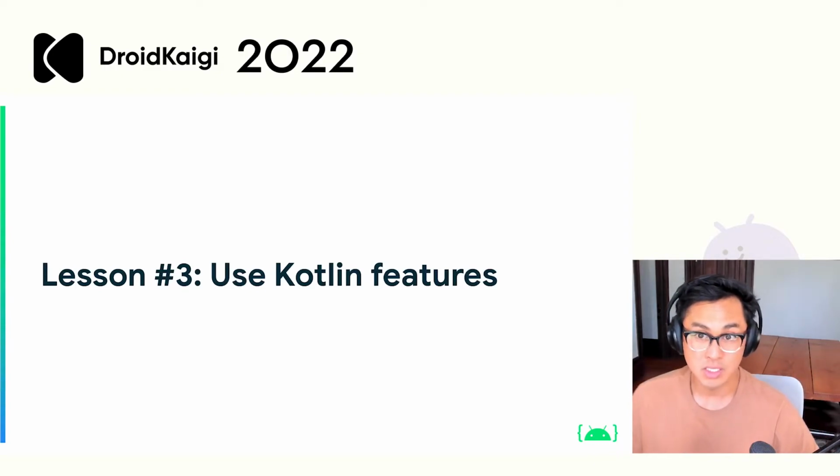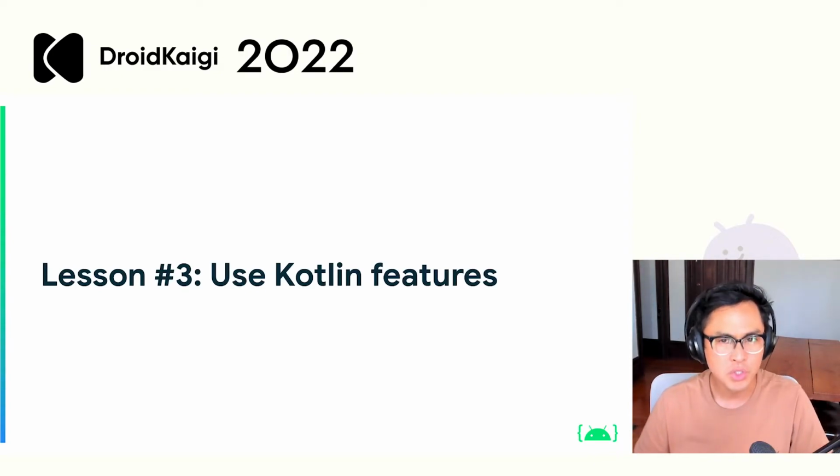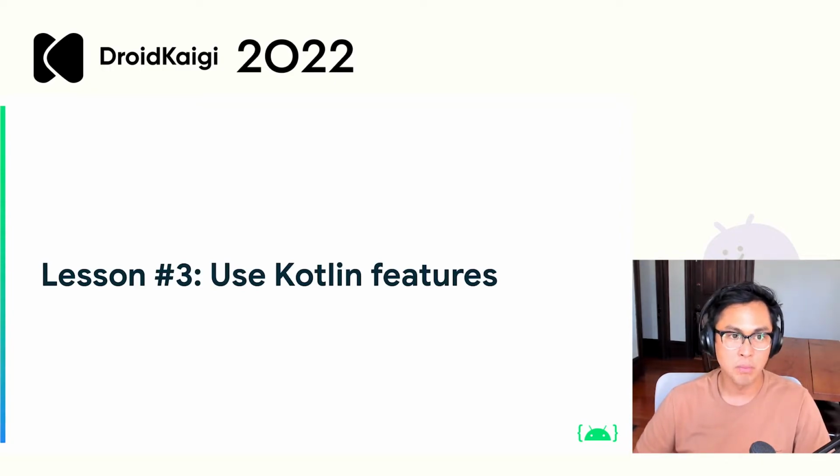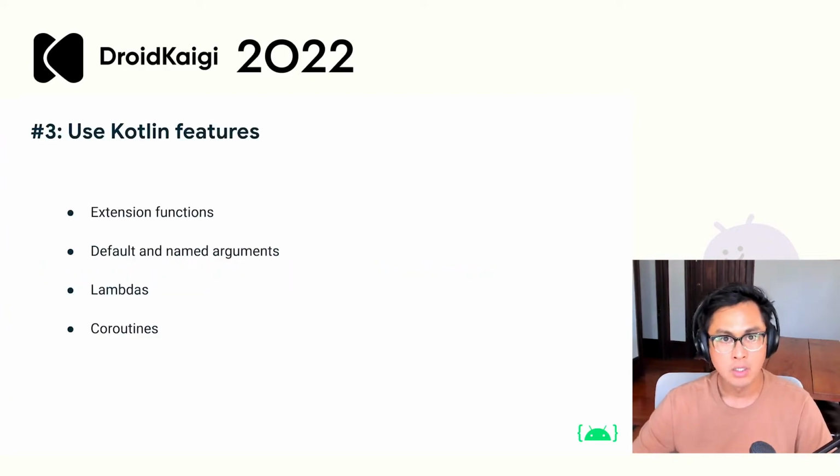And since Compose is entirely written in Kotlin, you should really lean into Kotlin features while developing your composable library. Some examples of Kotlin features that are used quite frequently in Compose are extension functions, default parameters, lambdas, coroutines, and there are many more.